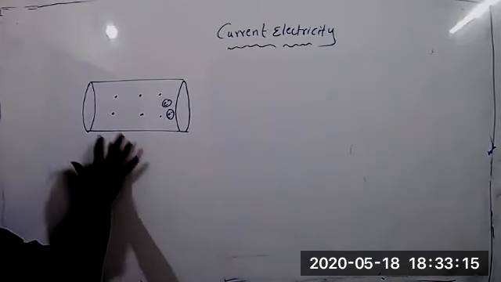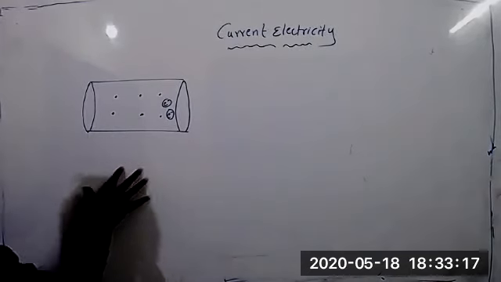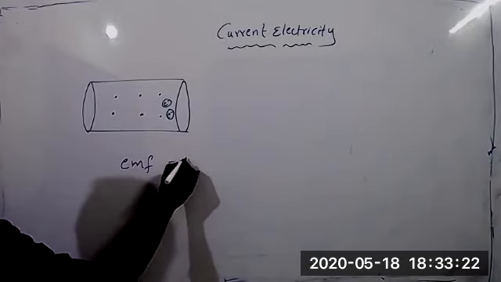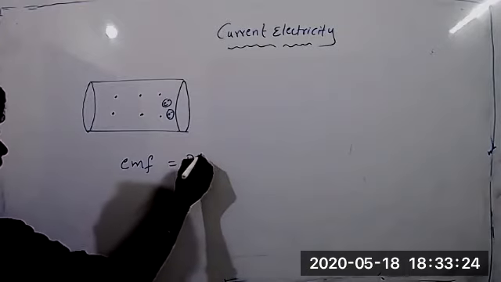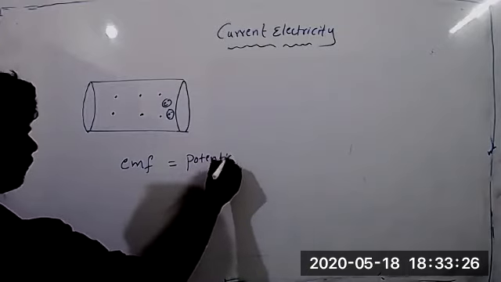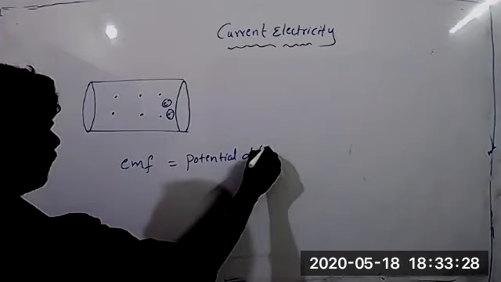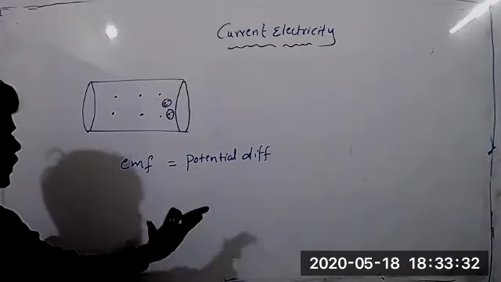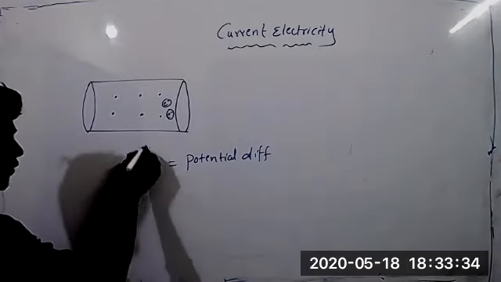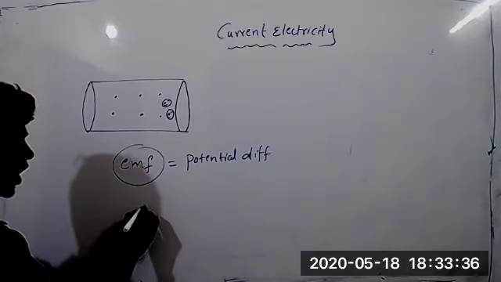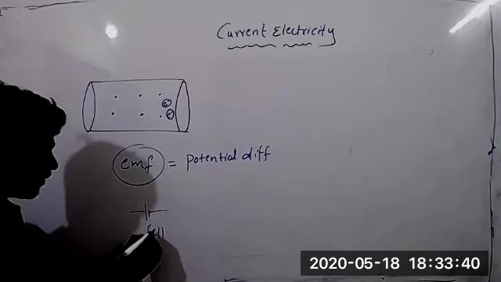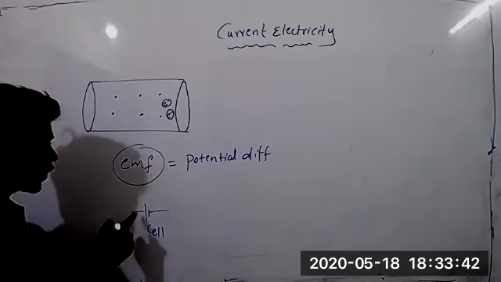Potential difference, we know, is from a battery. EMF is equal to potential difference, but EMF means when the cell is not connected. If you take a cell, we call this EMF, electromotive force.